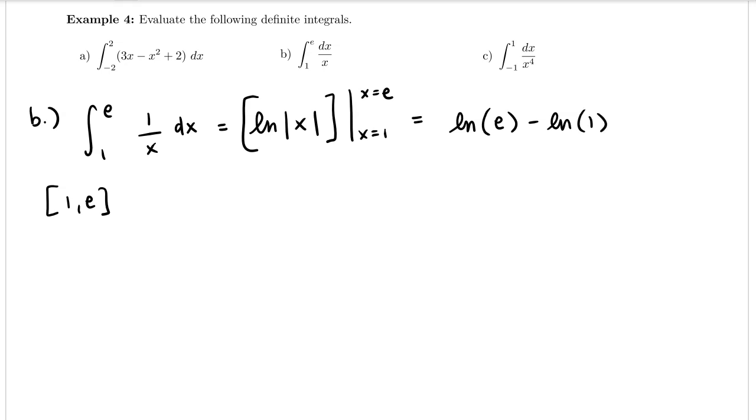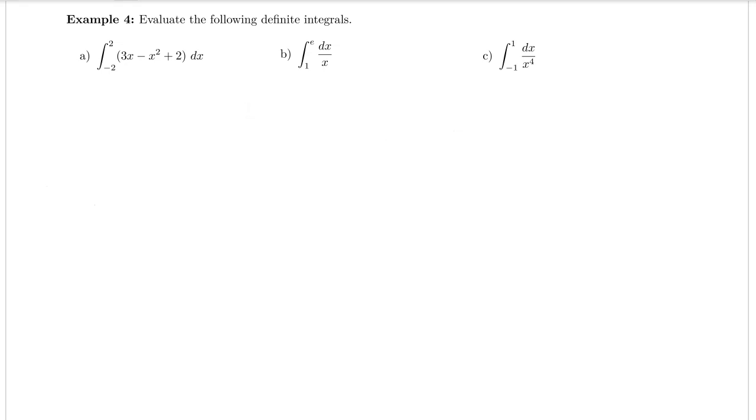And notice that I'm not putting absolute value bars here because e and 1 are both positive numbers. These are both numbers that you should know how to evaluate without a calculator. The natural log of e is equal to 1, and the natural log of 1 is equal to 0. So for part B, our final answer is 1.